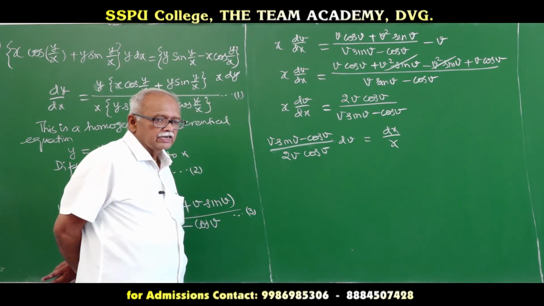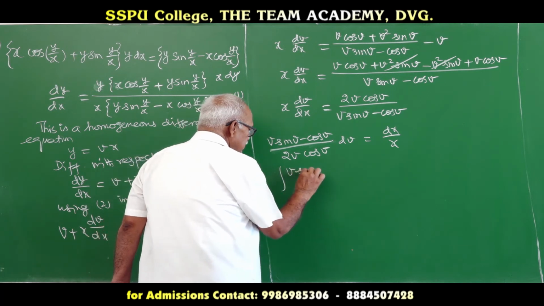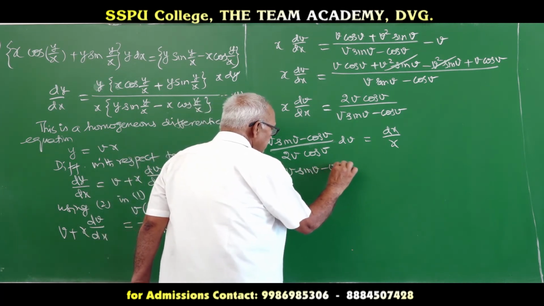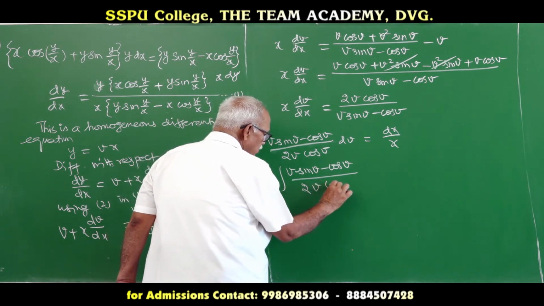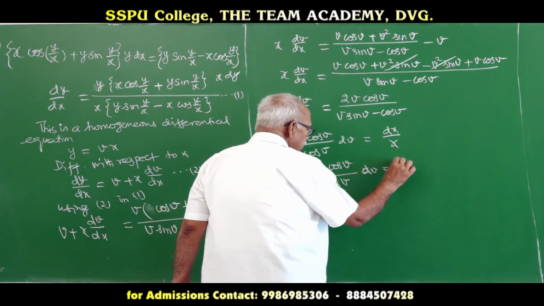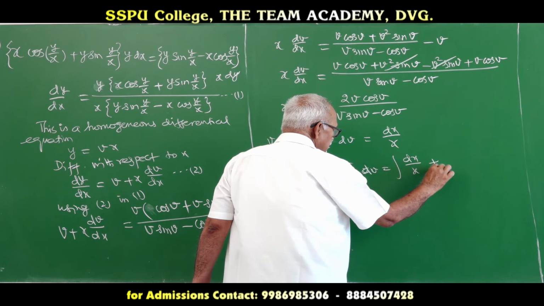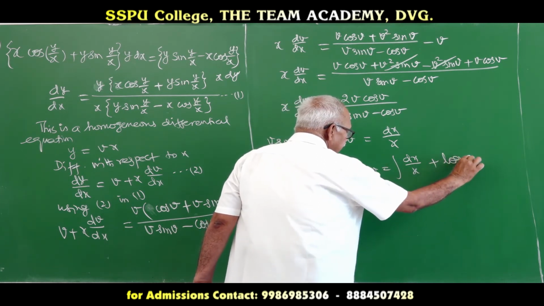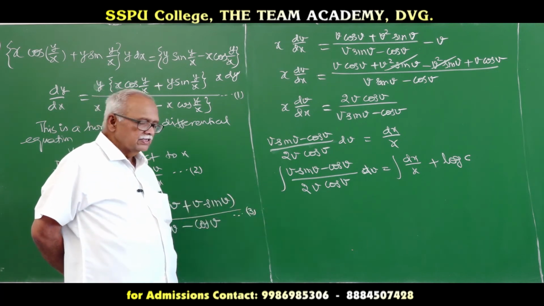Now we can start integration. Integrating this, v sin v minus cos v divided by 2v cos v dv is equal to integral dx by x plus, let me take it as, log c.